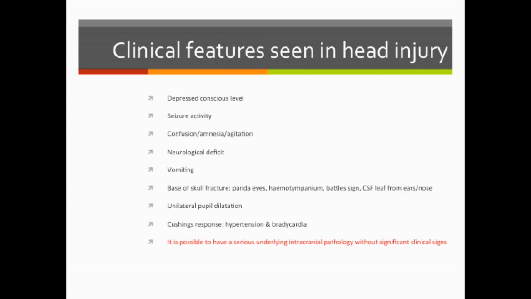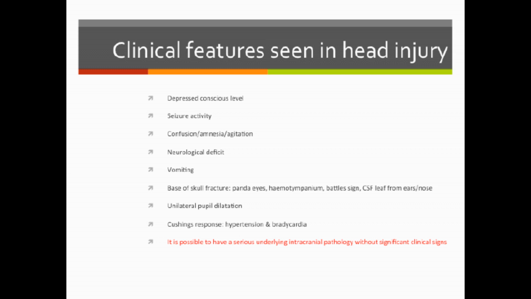The other thing, just to make clear, is that it is entirely possible to have a serious intracranial bleed without initially there being many clinical signs to see, and it is possible to lull yourself into a false sense of security. It's known as a patient who is talking and dying.